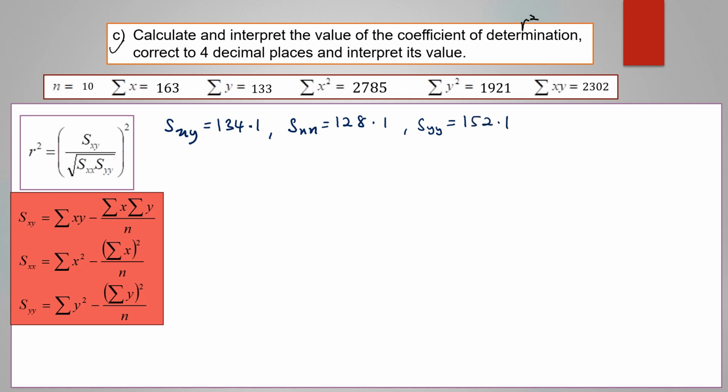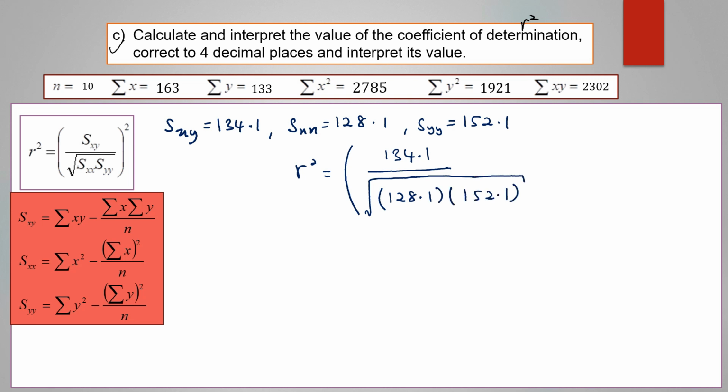So R square equals everything in bracket: 134.1 divided by square root of 128.1 times 152.1, squared.